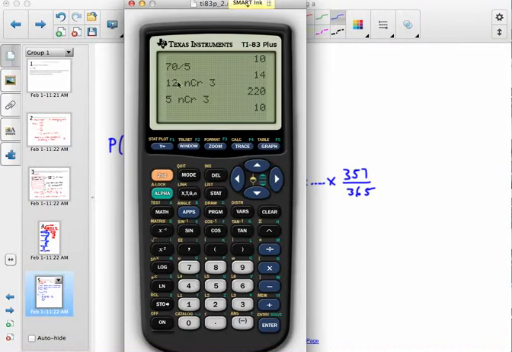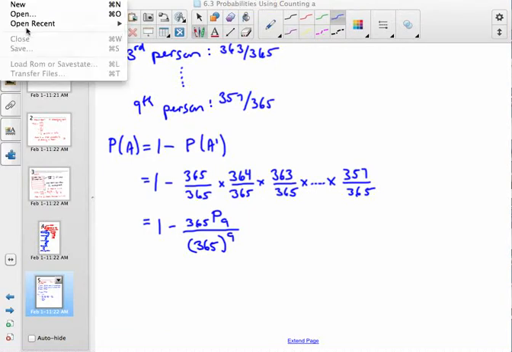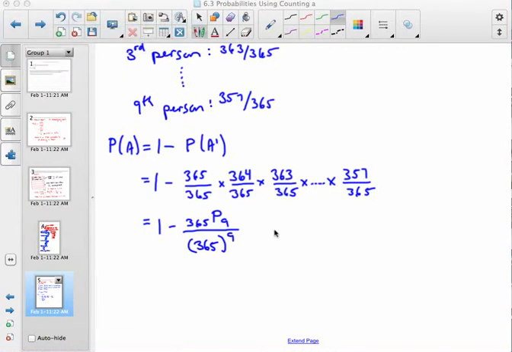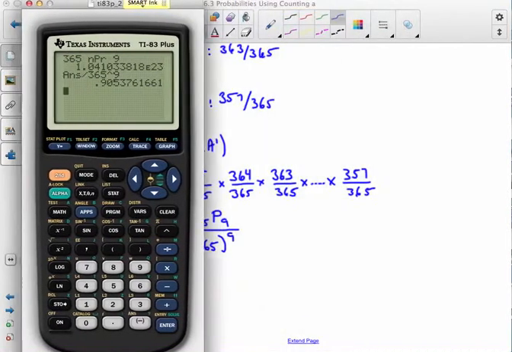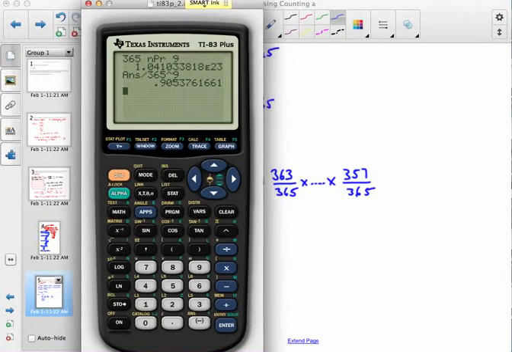365, oops, I have to reboot my program. 365 permute 9 is that, right? 1.04 times 10 to the power 23. So an enormous number. Luckily, I get to divide that by 365 to the power 9, and I end up with something very small, 0.905.